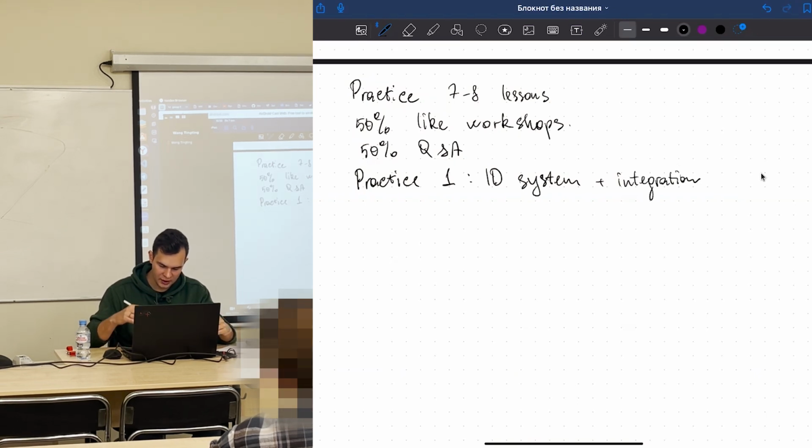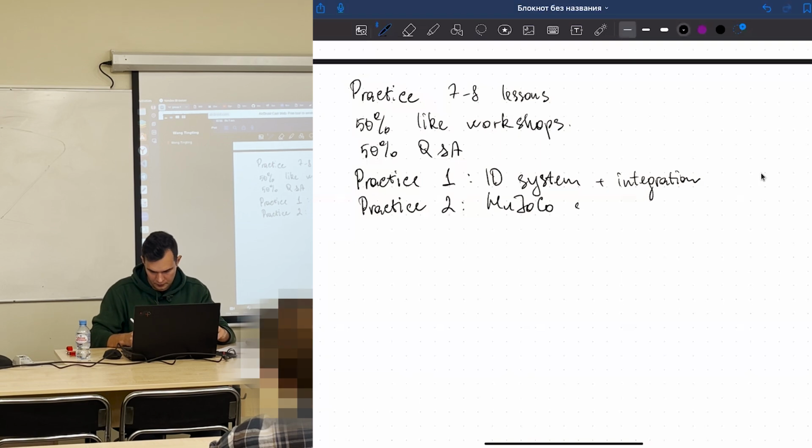So you're going to try different kinds of integrators. Practice 2 will be a MuJoCo simulation, like some kind of passive structure.